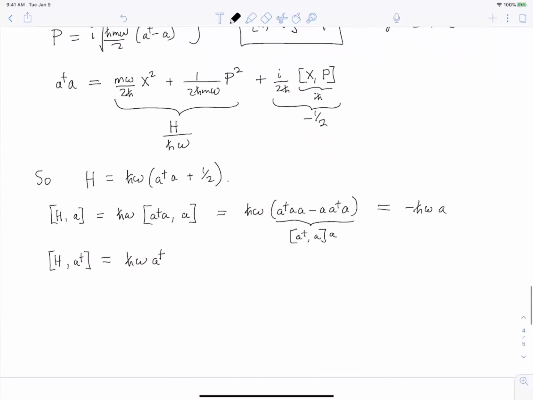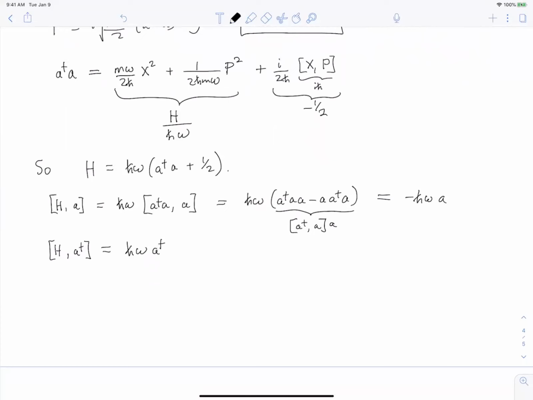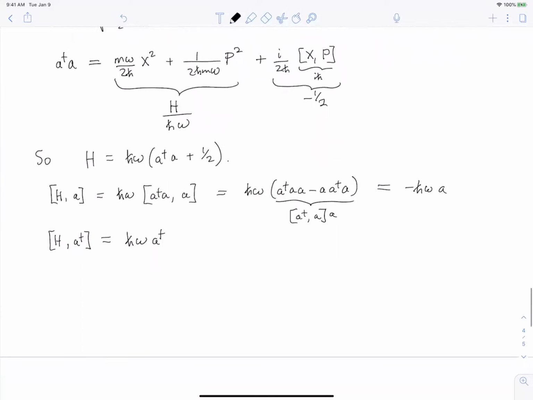So here's why this is useful. Oh, and by the way, we're going back to the beginning. We are pretending that we don't know what the energy eigenstates are, because we're just going to work them out as if we were starting from scratch. So I'm not going to assume the energy eigenstates are labeled by integers n yet. We're going to prove it.